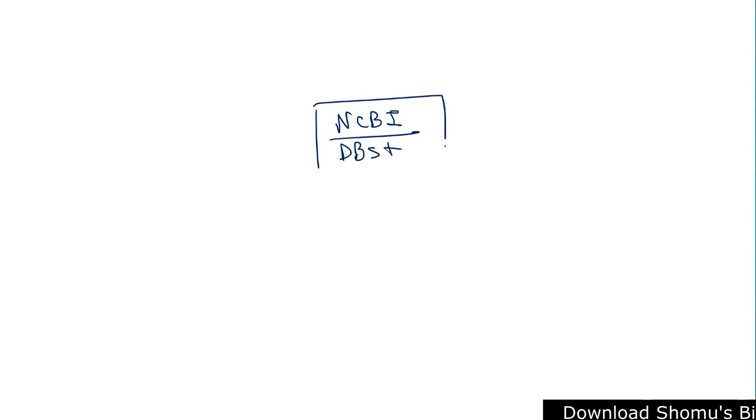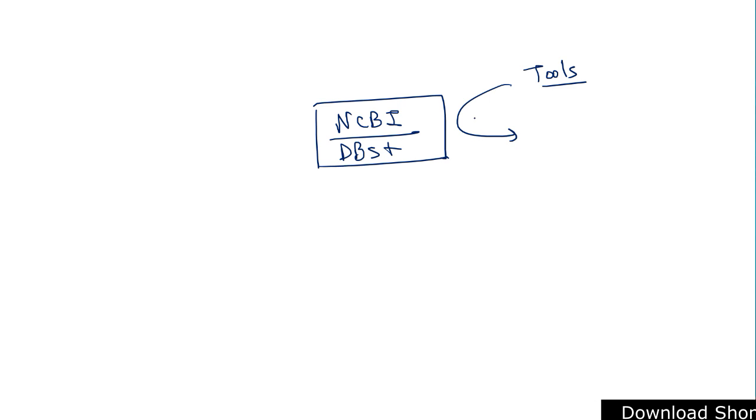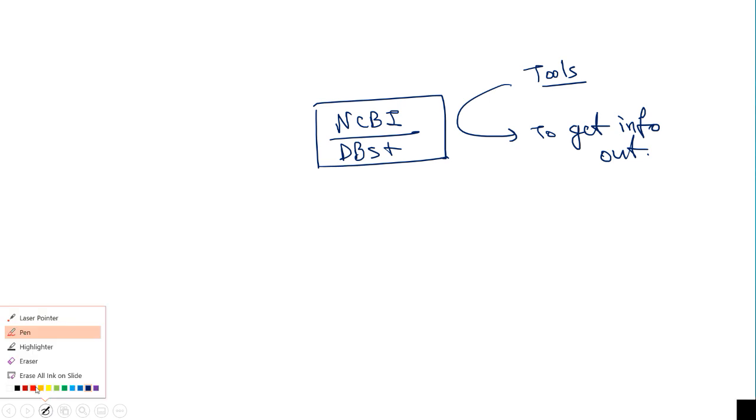Very important, I must draw here. NCBI, multiple databases are there, right? We need tools to access, to get information out, okay? And we have those different tools to do that, right? What are those tools? We have seen multiple examples there.